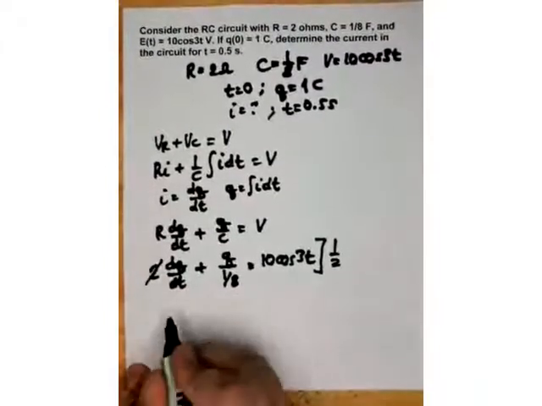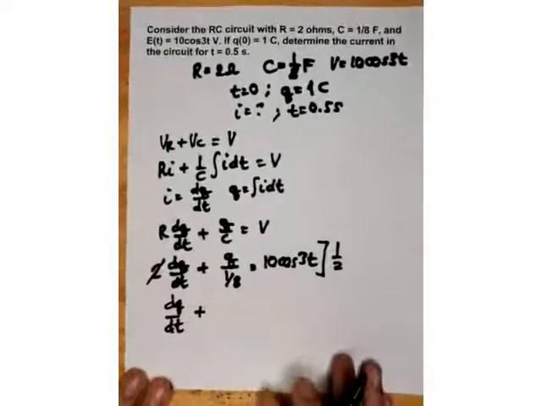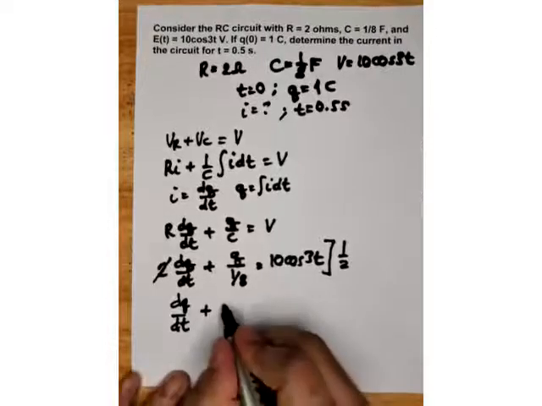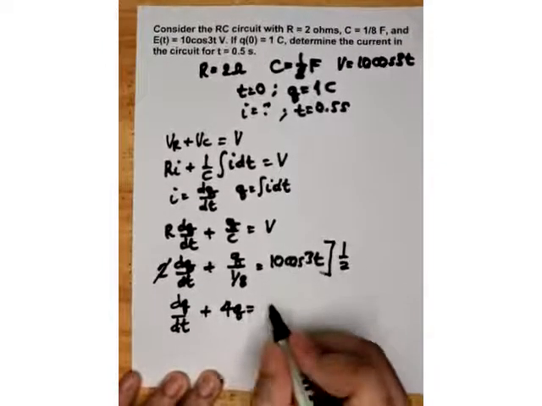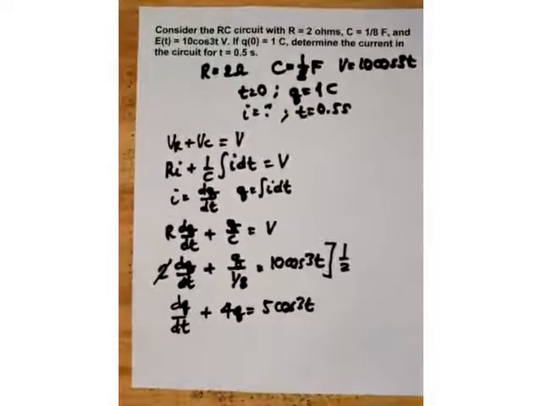So dq over dt plus, what is 1 divided by 1/8 divided by 2? So that's 4. 4q is equal to 5 cosine 3t. Tama ba?